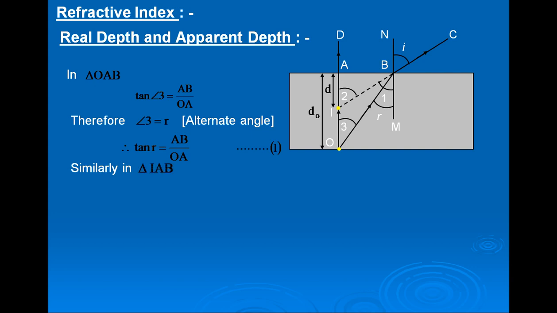Similarly, in triangle IAB, tan angle 2 is equal to AB upon IA, height upon base. Put this equation number 2. But angle 2 is equal to angle 1, again alternate angles. And angle 1 is equal to angle I, these are the vertically opposite angles.